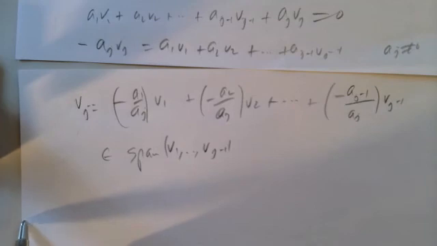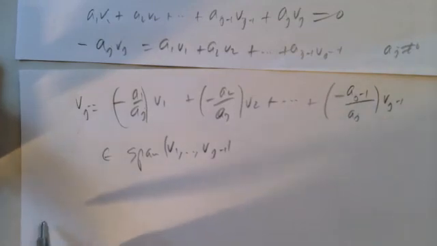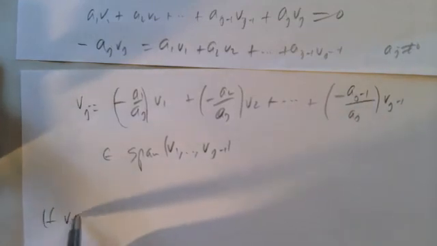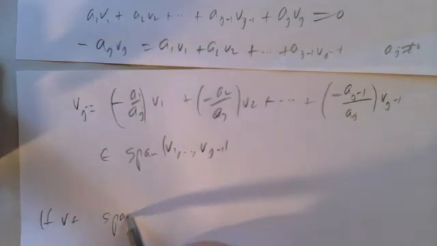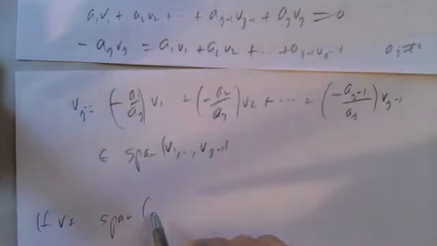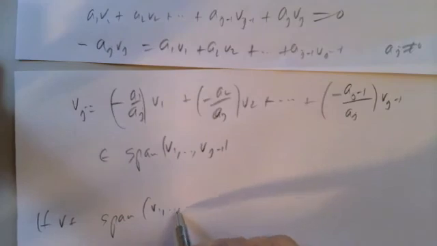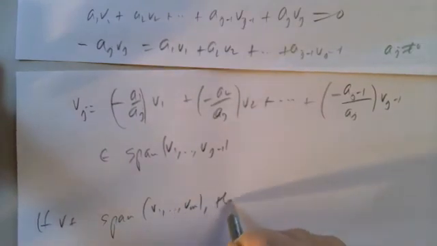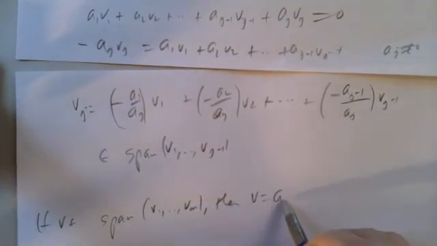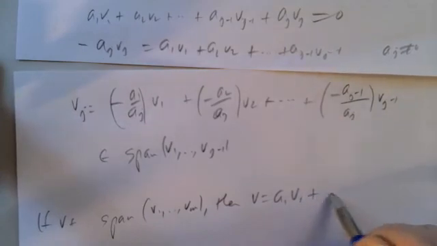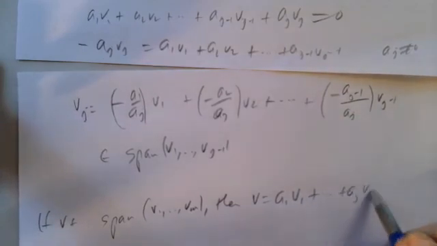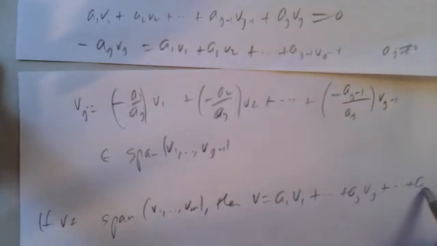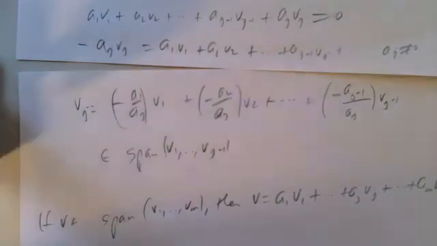And to prove the second, if V is in the span of V1 up to Vm, then V is some linear combination A1 V1 up to A sub m V sub m.